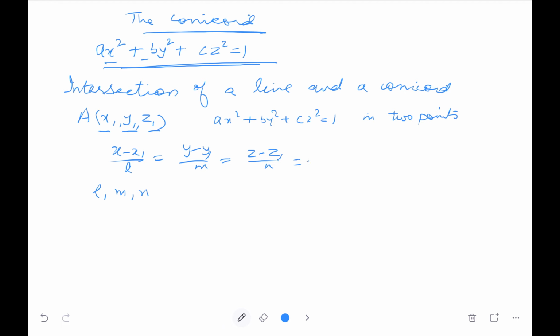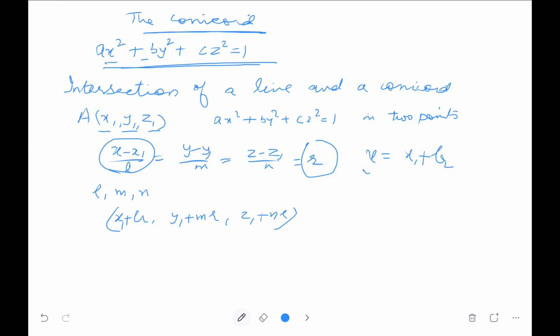So any point on the line is (x1 plus lr, y1 plus mr, z1 plus nr).